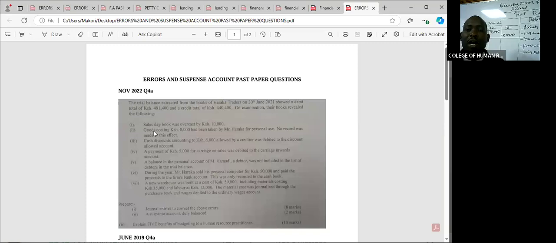So we are subtracting what was purchased. When we purchase, we debit purchases. But when these goods that we purchased are being reduced, because the owner has taken some of them for personal use, we credit the purchases. We minus the purchased goods. Because purchases is debited, to minus, now we shall be crediting the purchases. So this error will be handled like this.